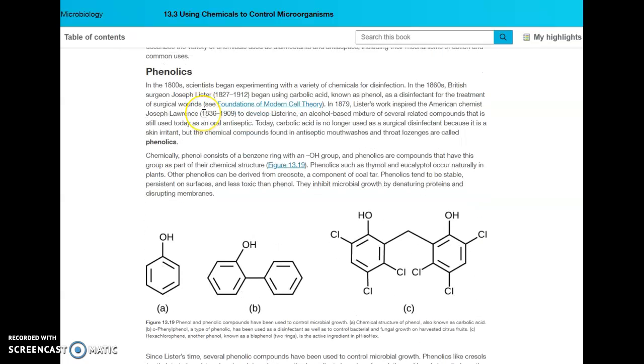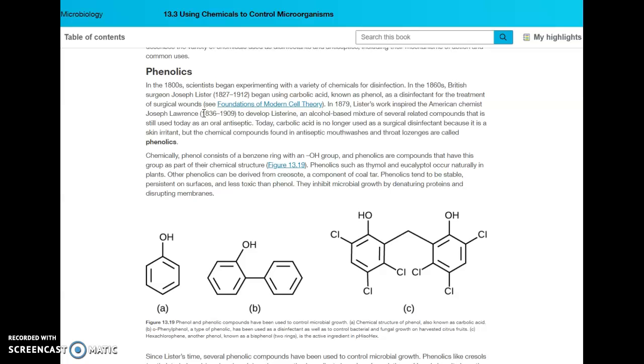In one of your earlier video assignments, you looked at Joseph Lister and how he began to use carbolic acid or phenol in surgery. He would use this as essentially a disinfectant for surgical wounds and was able to save a lot of people's lives that would have normally died in surgery.